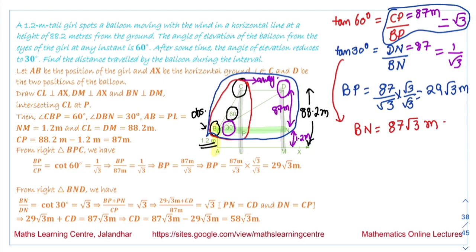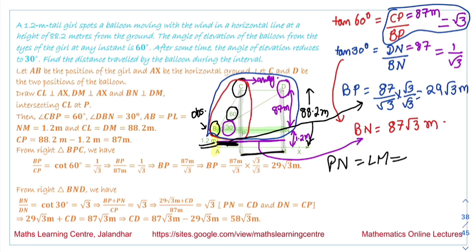So we have the value of BN, means we are talking about this whole length over here. This length we are saying it is BN, and BP is the value of this much portion. What we require is the length PN, that is equal to CD.